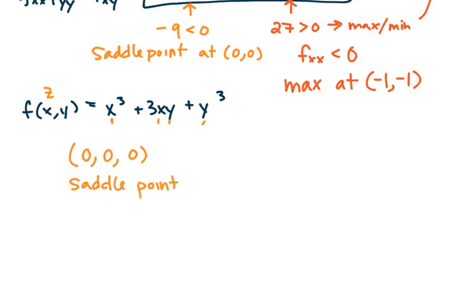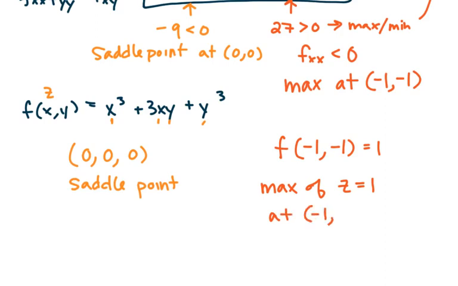And we have a maximum: -1 plus 3 minus 1, which is +1. So f of (-1, -1) is +1. So we have a max of z equals 1 at (-1, -1).